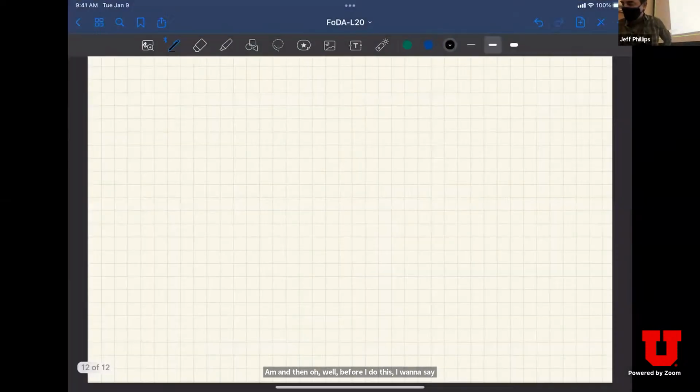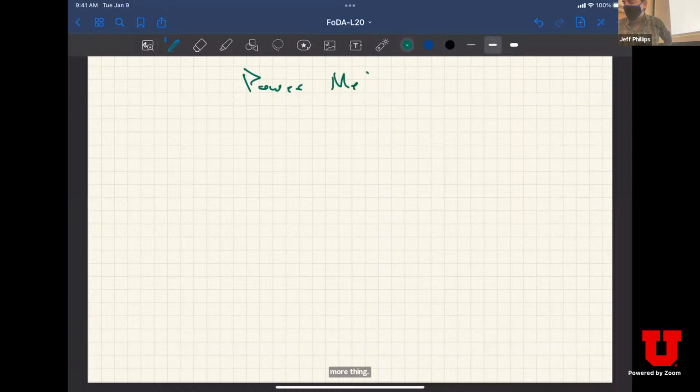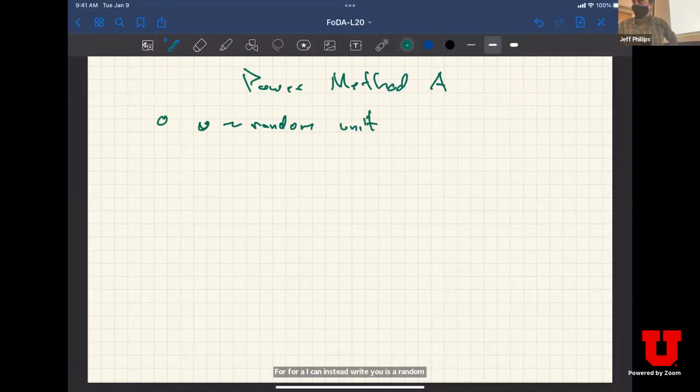The power method for A, I can instead write: U is a random unit vector.